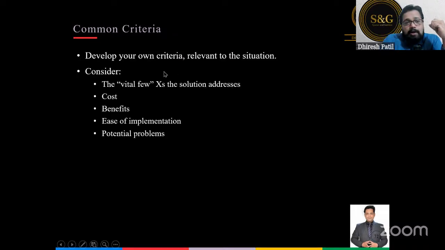Develop your own criteria. There are no guidelines as such to develop the criteria, because for some company, cost may be the biggest criterion, and whatever solutions are there have to be cost effective.